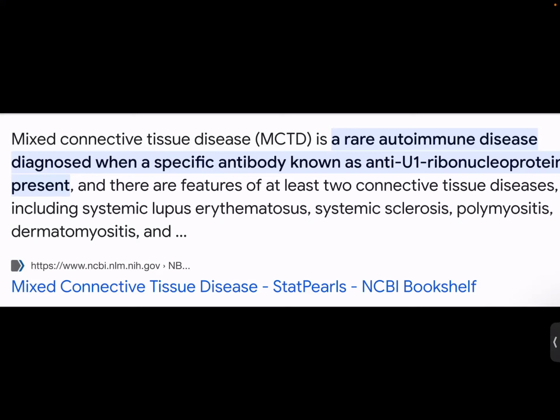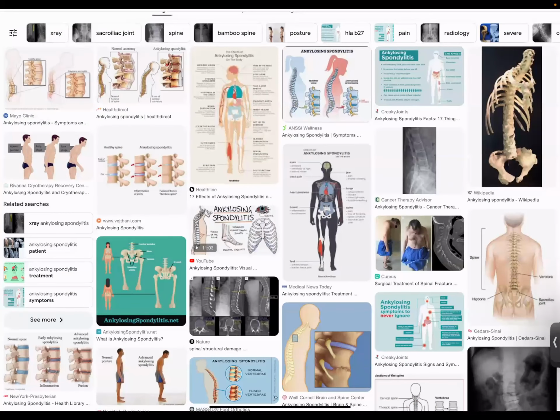By connective tissue diseases, we mean systemic lupus erythematosus, systemic sclerosis, polymyositis, and dermatomyositis.